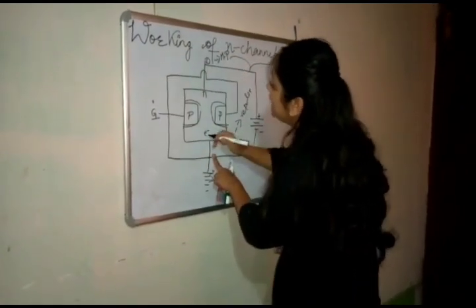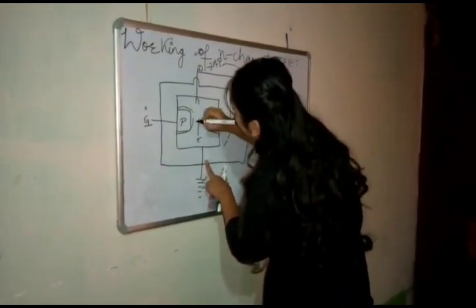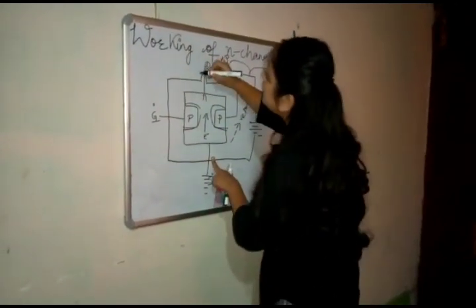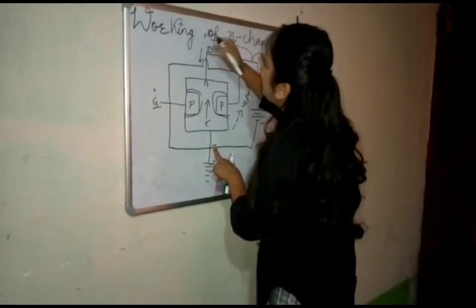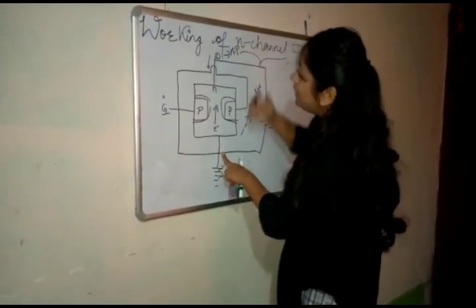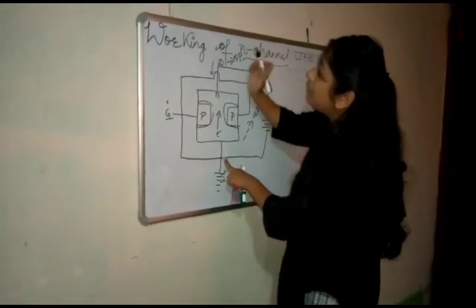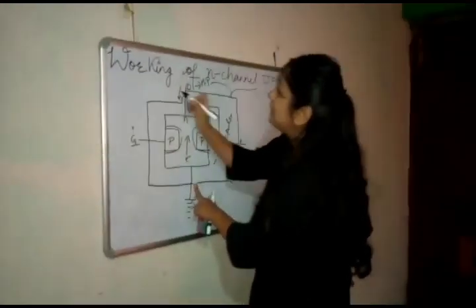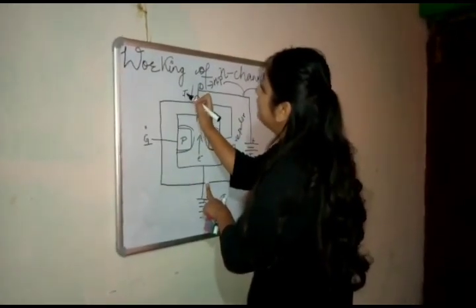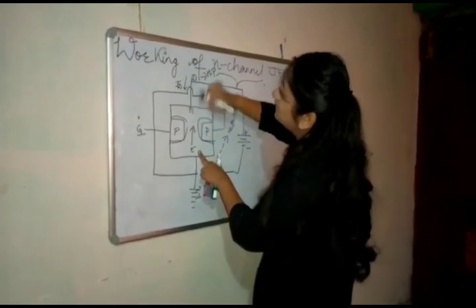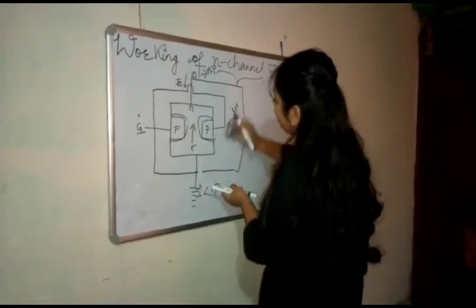So these electrons tend to move towards the drain. We know that conventional current ID tends to flow in this direction because conventional current always flows opposite to the direction of electrons. That is, ID flows towards the source and electrons tend to move towards the drain.